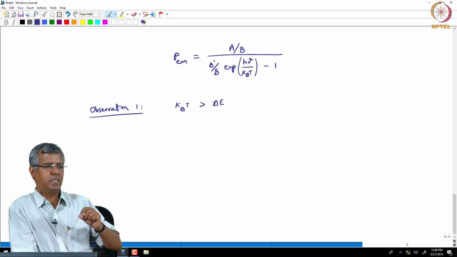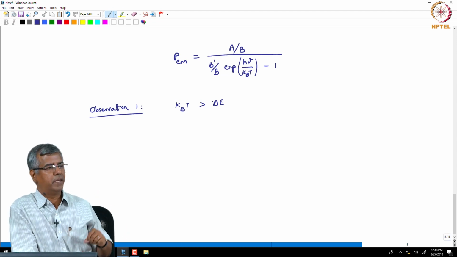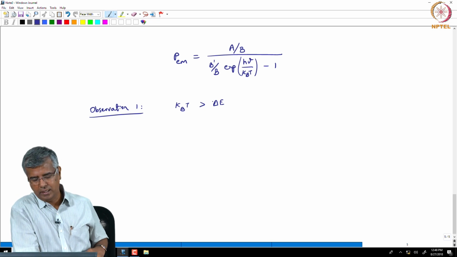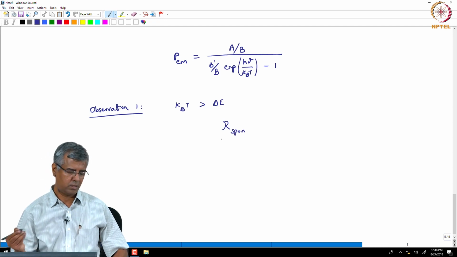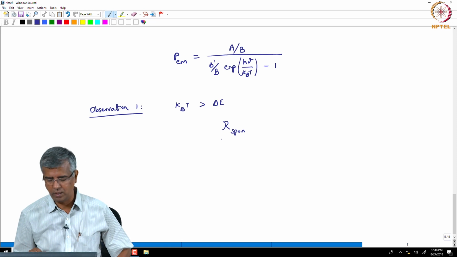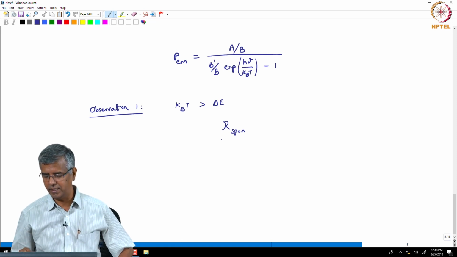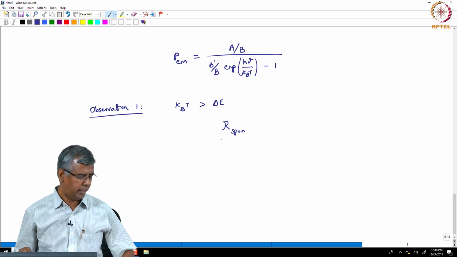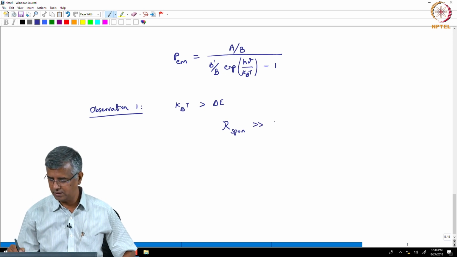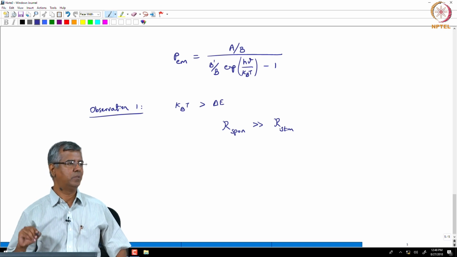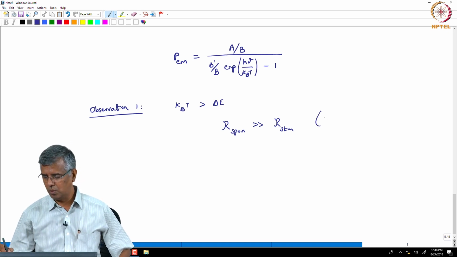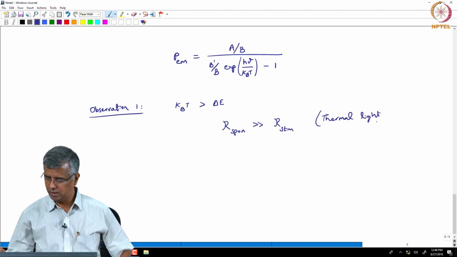The energy levels themselves broaden and overlap, and in this case the emission probability density rho em is very low, and the spontaneous emission rate is far greater than the stimulated emission rate, which is what we have for thermal light sources.